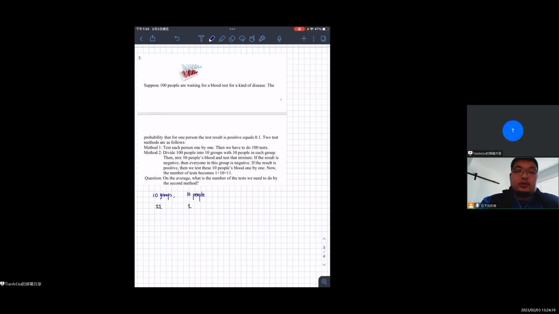So there are only two possible numbers of tests for this method. Now we have to find the expected number of tests for the second method.